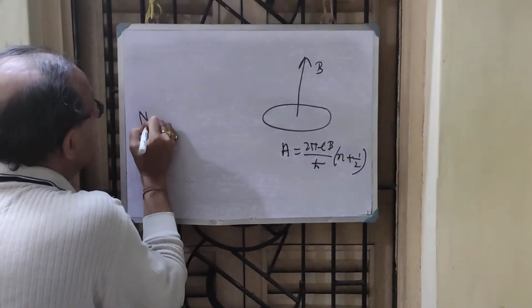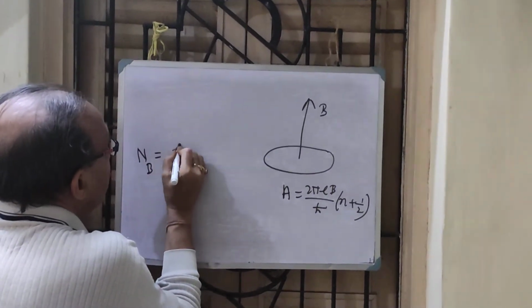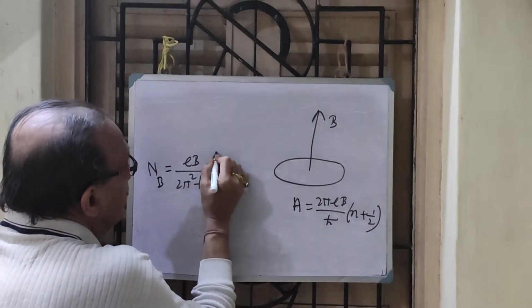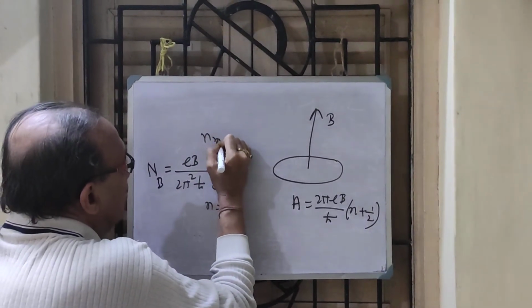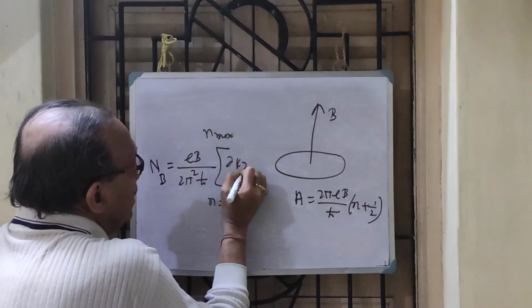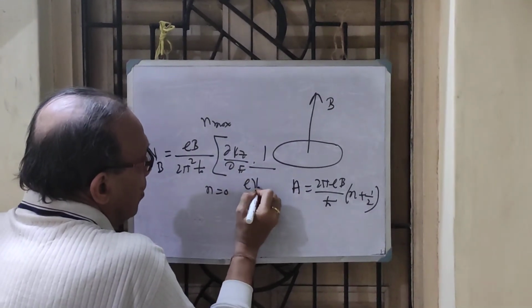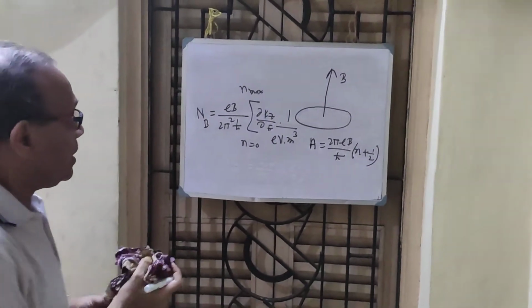In this case, density of state is given by eB by twice pi square h bar, sum over n equal to 0 to n max, dkz by dE. But in this case, unit is 1 by eV meter. All these I have written.